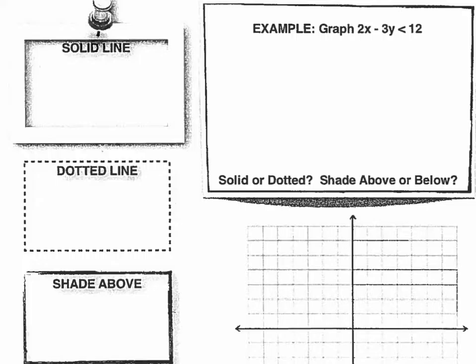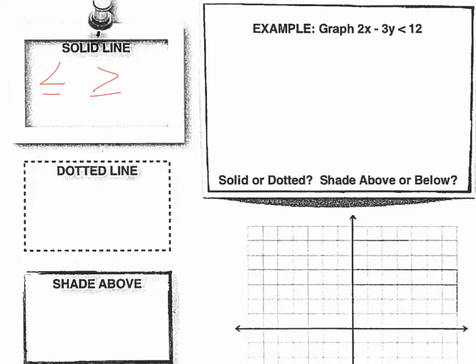And so that means that our solution must be sort of equal to that value, and whatever form of equation you have, whether it be slope-intercept or standard form, you're looking for that equal to sign. So you might have a less than or equal to, or a greater than or equal to. If you see either of those symbols, that's when you want the solid line, because we're actually including all of those points that are on that line. They can be equal to that line.